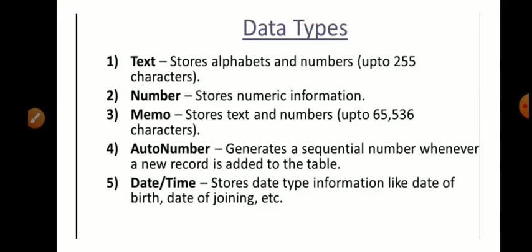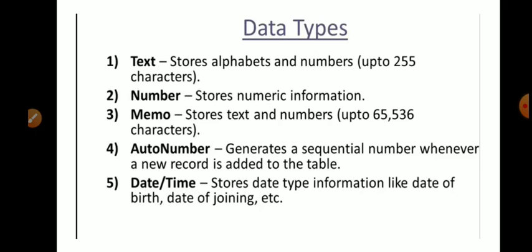First of all, we have to know about the data types. Here we have 5 data types: text, number, memo, auto number, and date and time. In the first data type, which is text, you can store alphabets and numbers. But here we have a limit. The limit is up to 255 characters at a time.